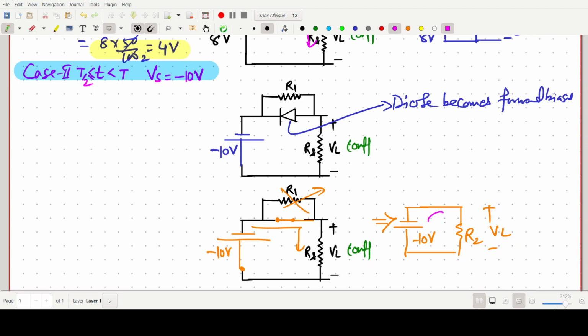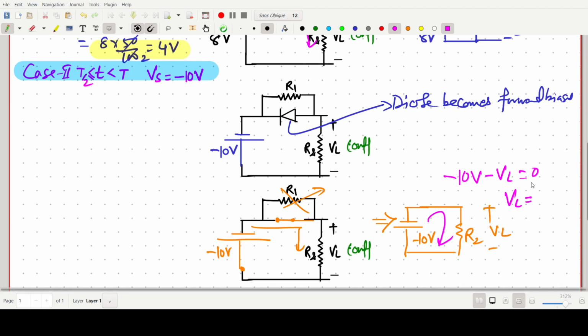So if we apply KVL in this loop, we can write minus 10 volt minus VL equals to 0. So VL equals to minus 10 volt. So same output will appear across this one. So VL value will be minus 10 volt, okay.